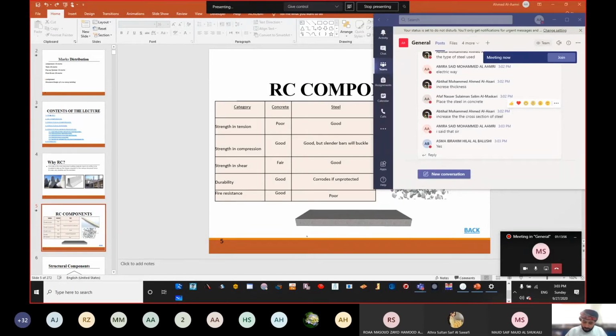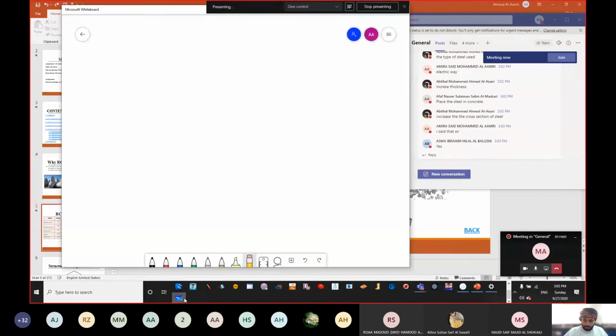Encasing, we refer to, for example, I have an I section column. What we need to do is place a concrete column. So a concrete column will be here.